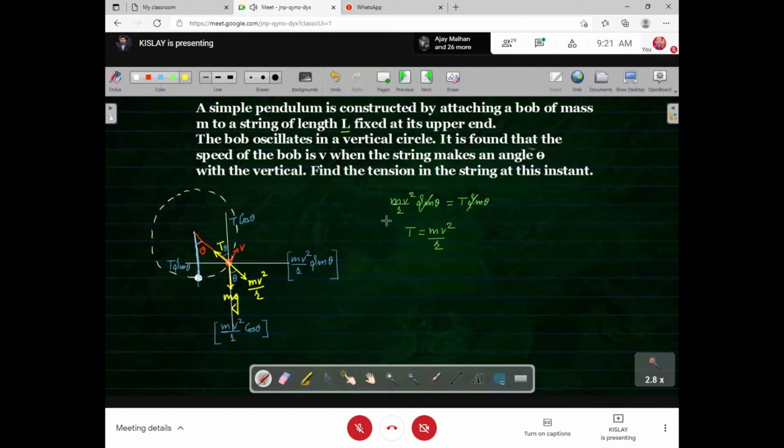Okay, तो T हमारा ये हो गया स्ट्रिंग का mv square upon r. mg will cancel out by T cos theta and T sin theta will be equal to mv square upon r. Yes. Okay, we can solve this question. We should move on.